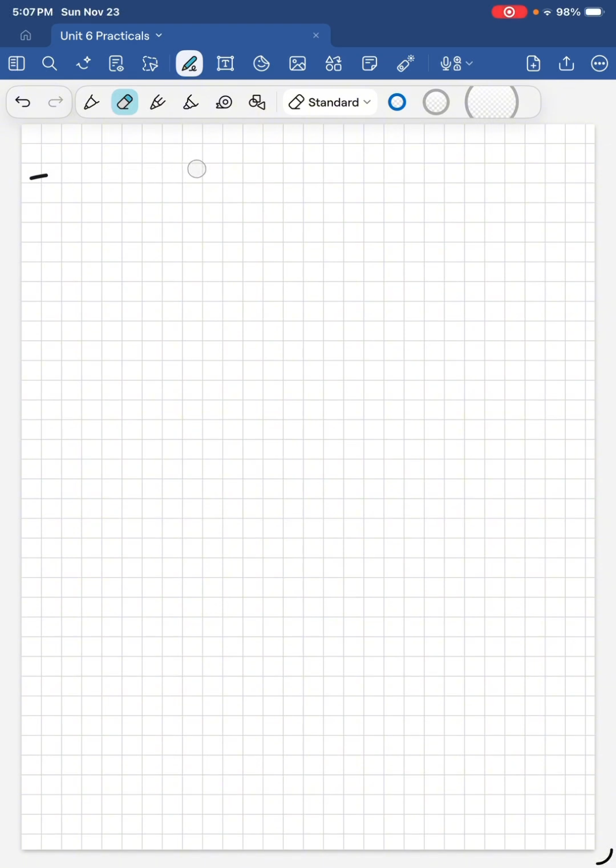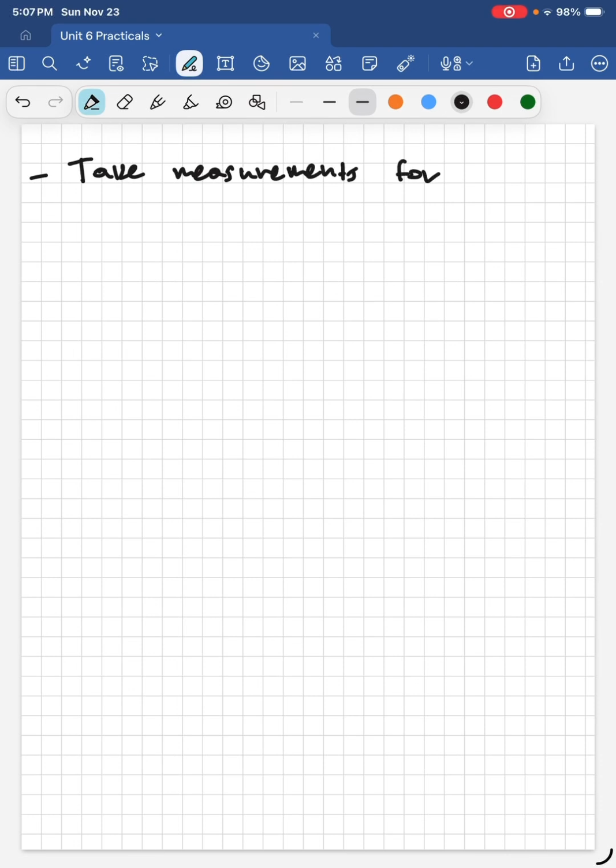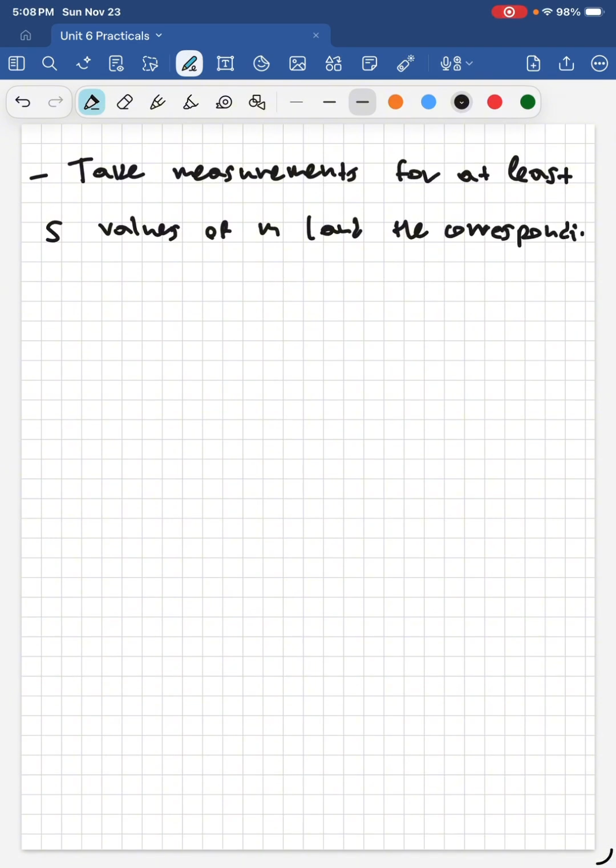So take measurements for at least 5 values of m and the corresponding values delta t and delta t2, and I remind you that delta t2 gives you v.